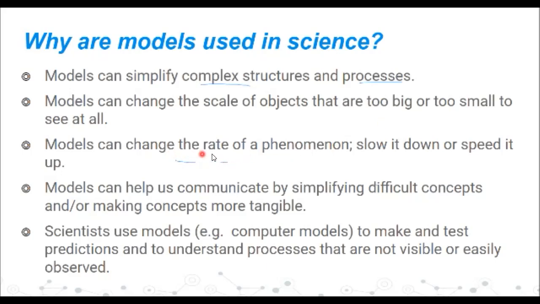Models can also be used to change the rate of a phenomenon, either slowing it down or speeding it up. For example, with the digestion process, you can speed it up and see what takes place within a short period of time, or slow it down to critically analyze the process.